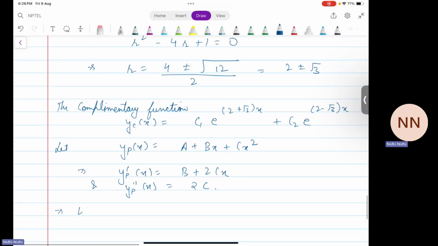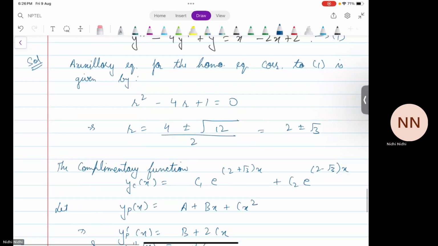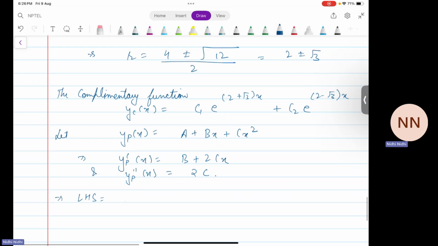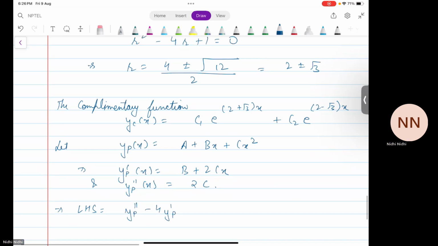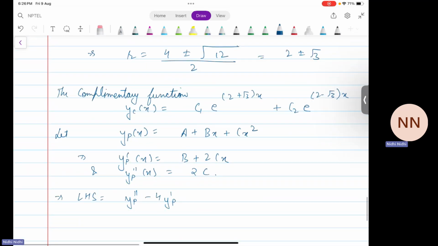So this gives us our LHS, y double dash minus 4y dash plus y, which is 2c minus 4(b plus 2cx) plus (a plus bx plus cx square).